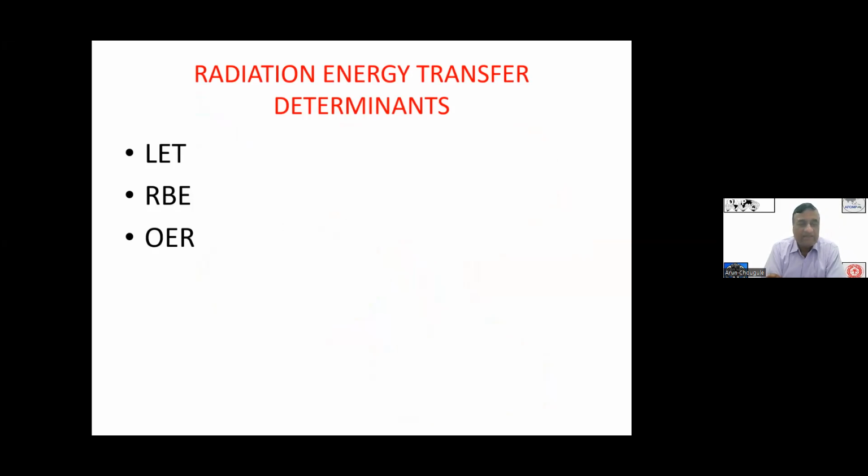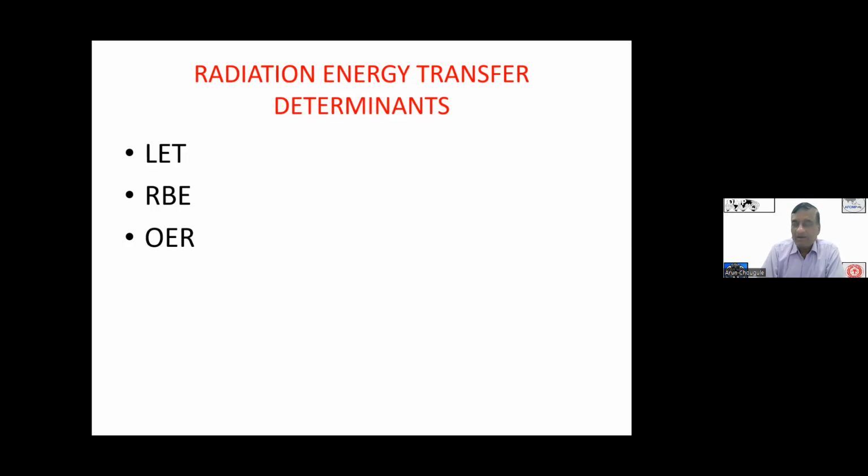First is LET, linear energy transfer. When ionizing radiation, let it be a photon or X-ray or alpha particle or electron, enters into a tissue, into matter, it goes on depositing energy, keV per micrometer it traverses. That is called linear energy transfer.